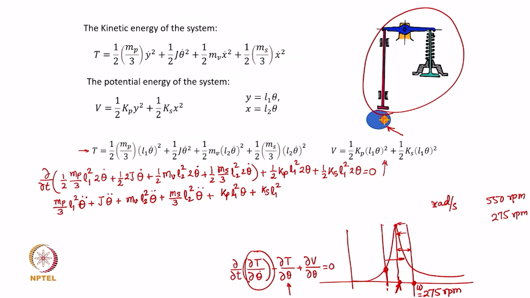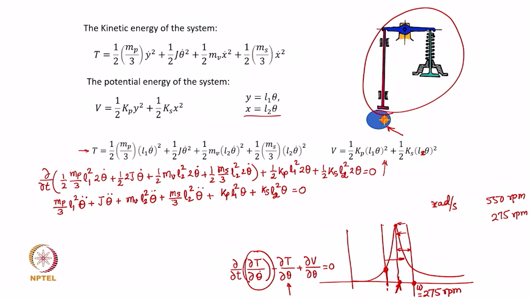I think this should be L2, this is a printing mistake here. Because x is L2 into θ, so pardon me for this small change here. This has to be Ks into L2 and not L1. So that gives us Ks into L2 square into θ equal to 0. That is the equation that we finally get.